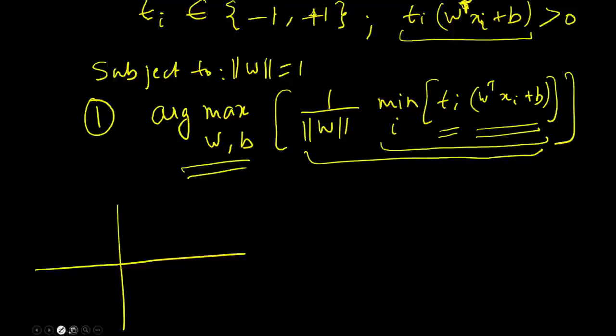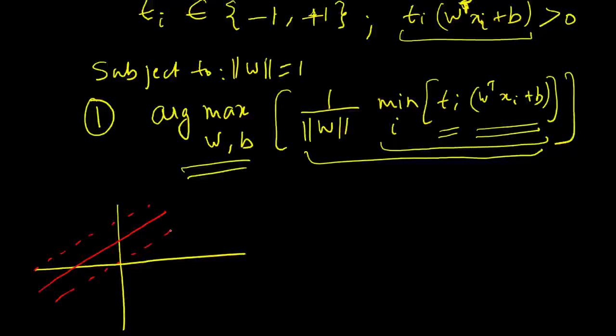So let's say we have a dividing hyperplane. This is a dividing hyperplane. This is the positive margin. This is the negative margin. The positive margin will always be equal to negative margin. Otherwise, we will not have the optimal solution. We can always wiggle the line so that we can go closer to one or the other. So the positive and negative margin will always be equal.